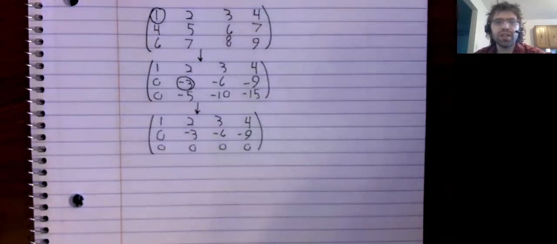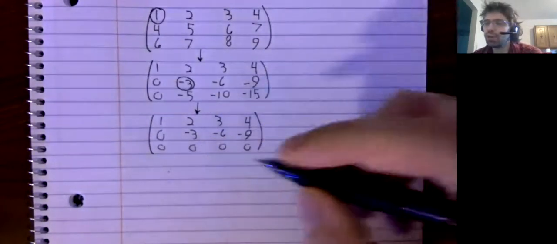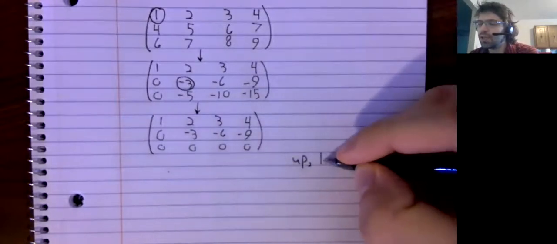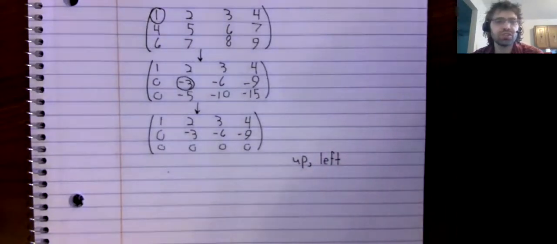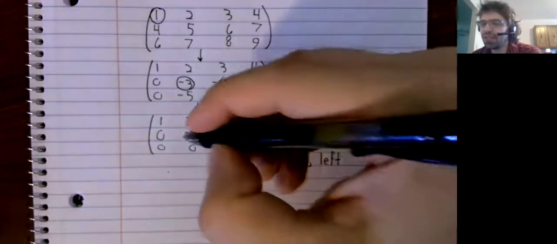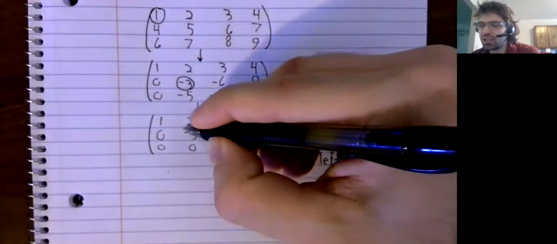To get row echelon form, we worked down and to the right. We're now going to start at the bottom right and work up and to the left. But when I say we start at the bottom right, I mean the bottom right pivot position.